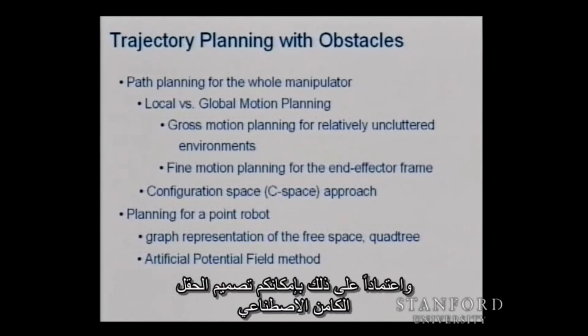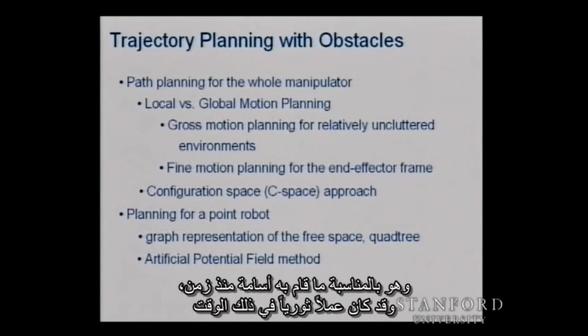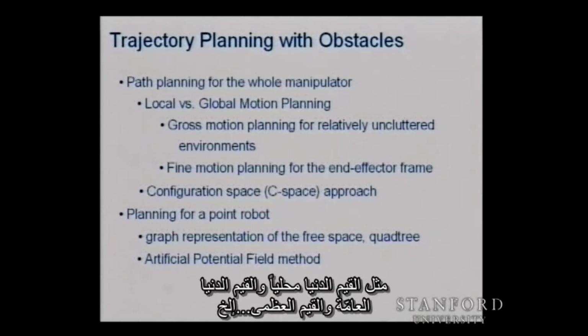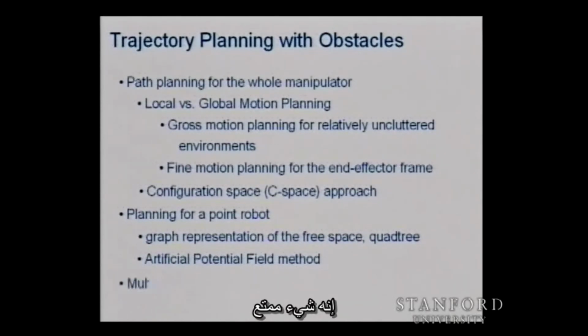Based on that, you can build an artificial potential field, which is, by the way, what Osama did way back in his thesis. It was very revolutionary work at that time. You then get into all kinds of interesting things like local minima, global minima, maxima, etc. So it's a fun thing.